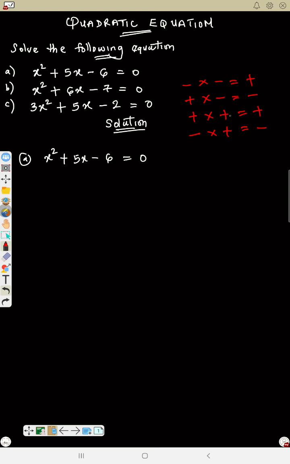You should remember this. If you look at it very well, plus times plus is plus, minus times minus is plus. That means the same sign gives you plus, so you can easily remember it that way. But different signs: plus times minus gives you minus, minus times plus gives you minus. The same sign will give you plus. So now let's proceed.